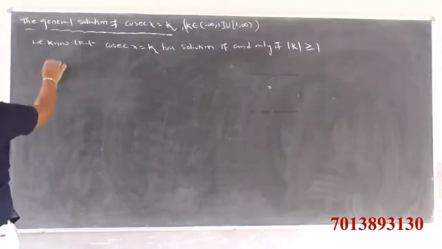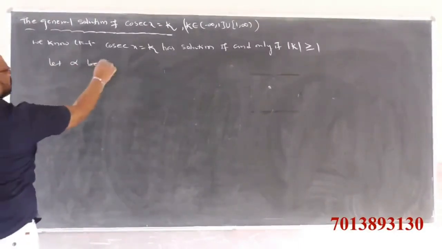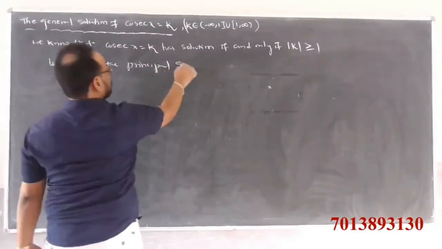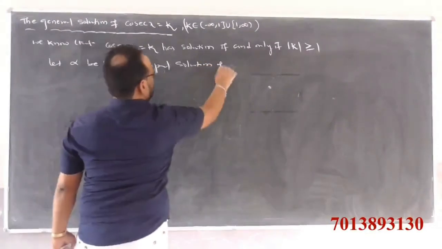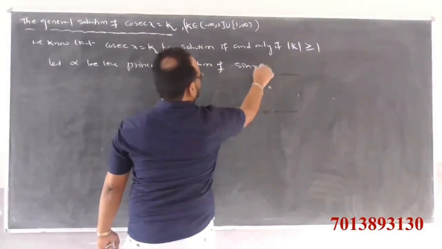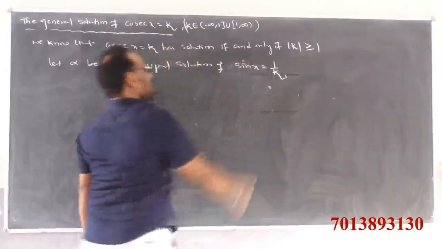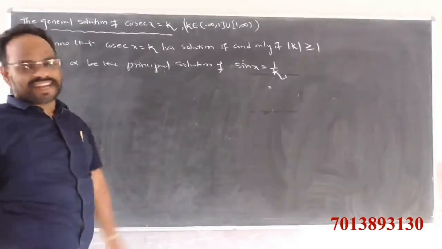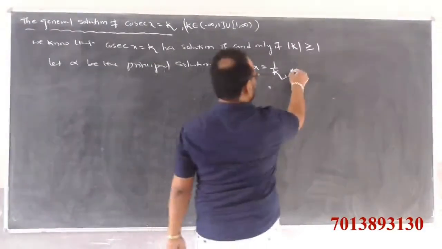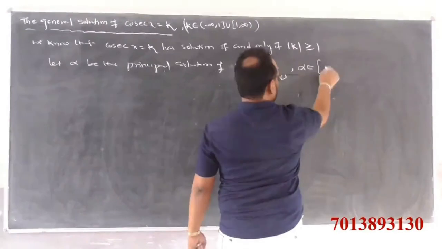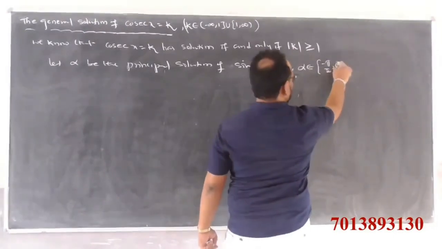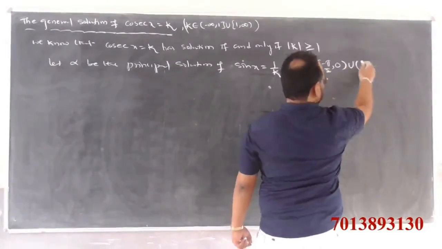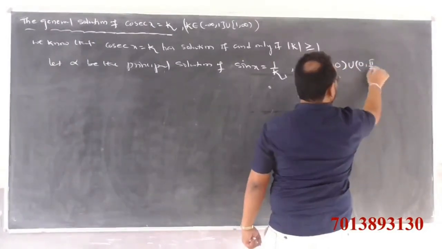So let alpha be the principal solution of sin x equals 1 by k, where alpha belongs to the interval minus pi by 2 to 0, open, union 0 to pi by 2, closed.